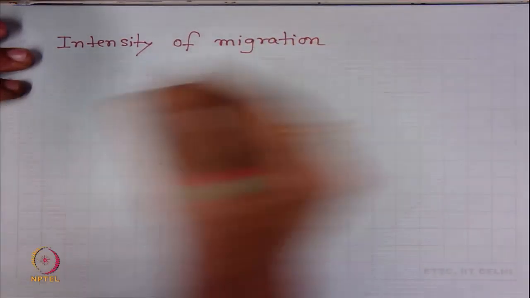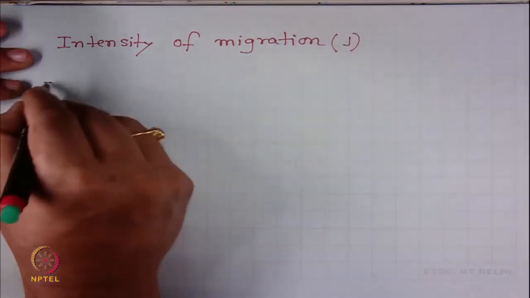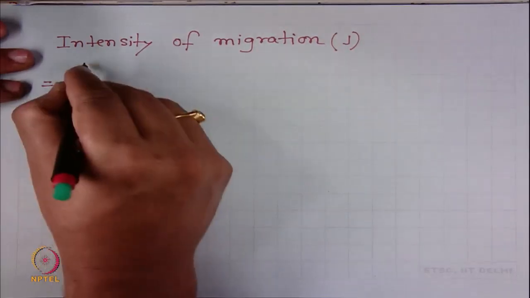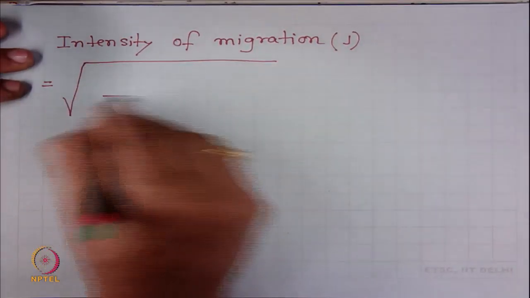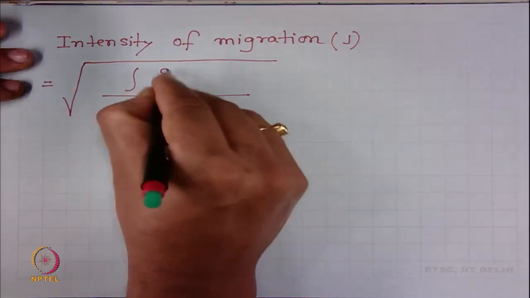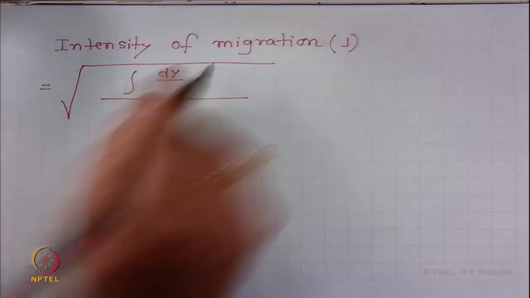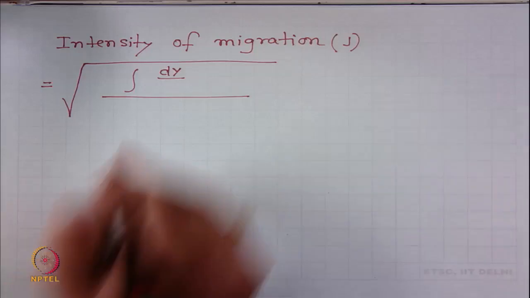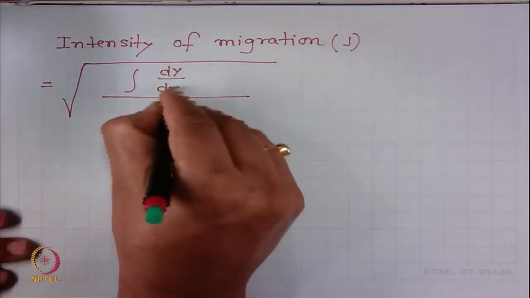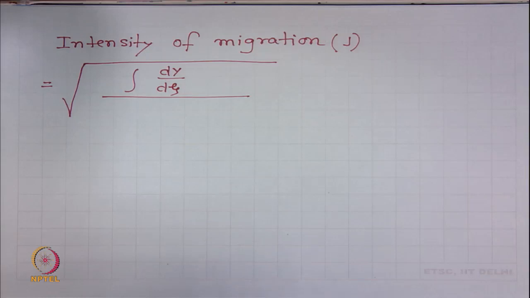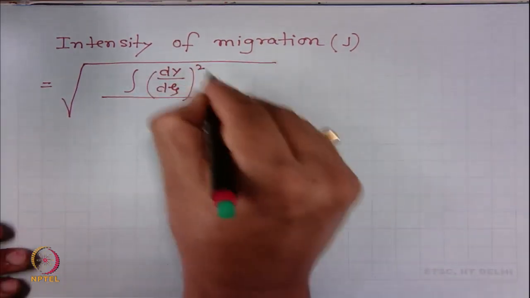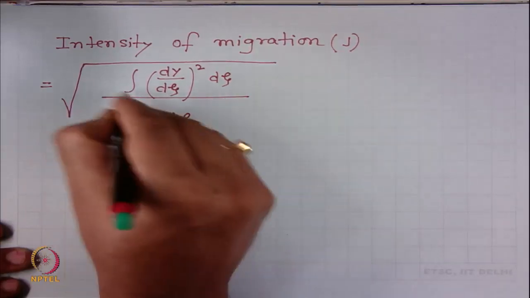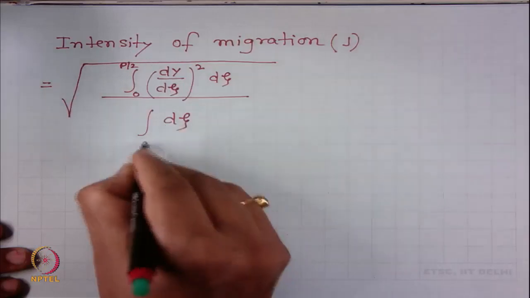For intensity of migration, we use this symbol: the integral of (dy by d zeta) squared d zeta, from 0 to p by 2.